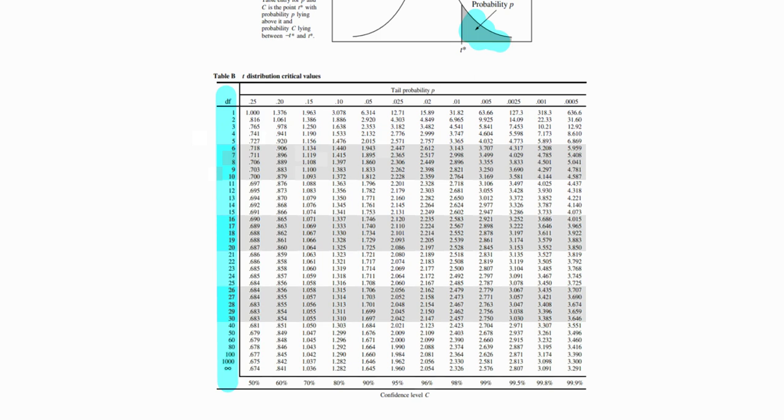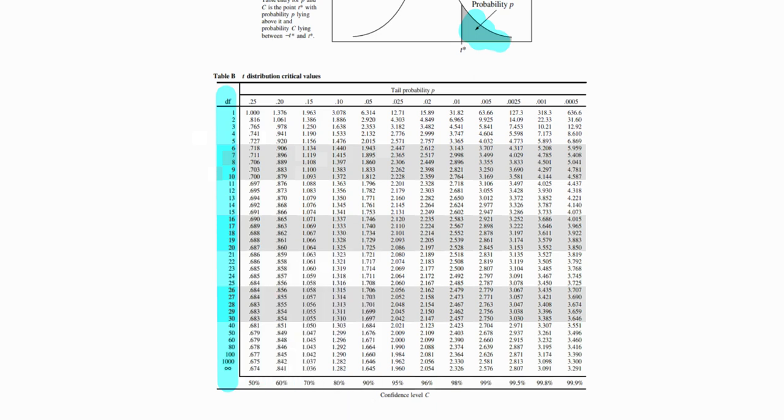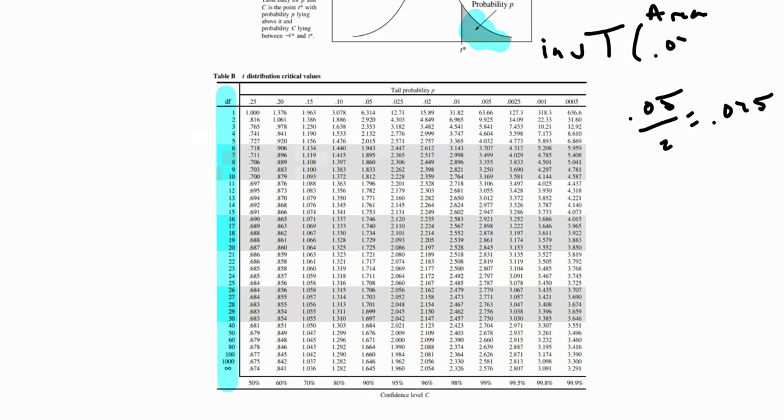And so when we're talking about a t distribution at 95% confidence interval, we would use an inverse t distribution, where our area would be 0.05 divided by 2, which we know is going to be 0.025. So we put that in there, 0.025.